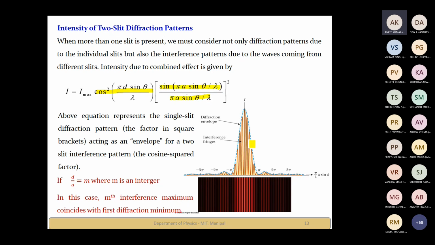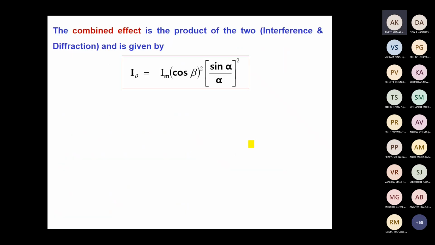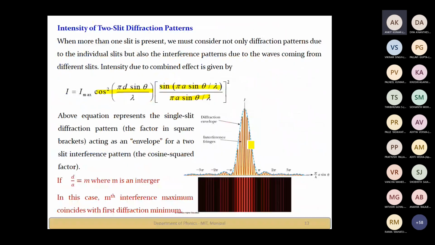Now we are taking the combined effect. The condition we have chosen here is a two-slit, that is, the double slit experiment.